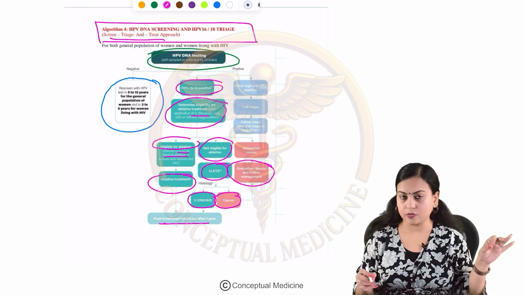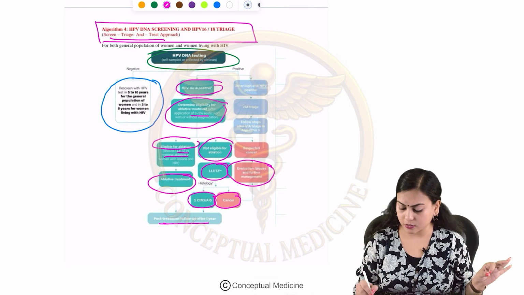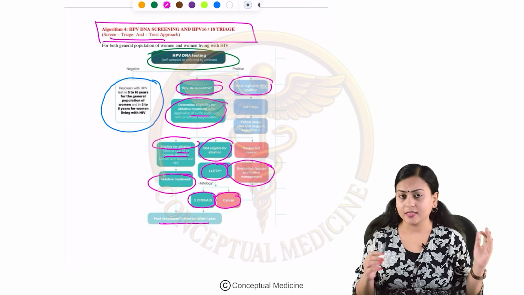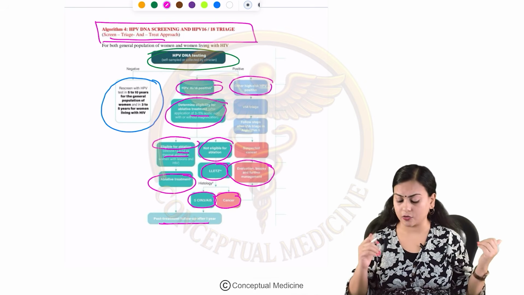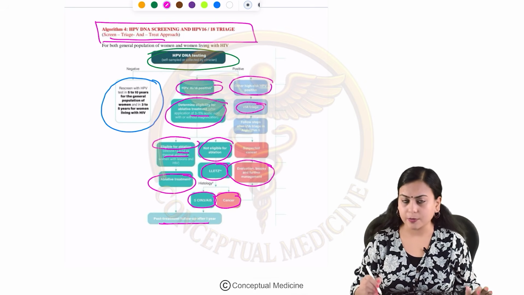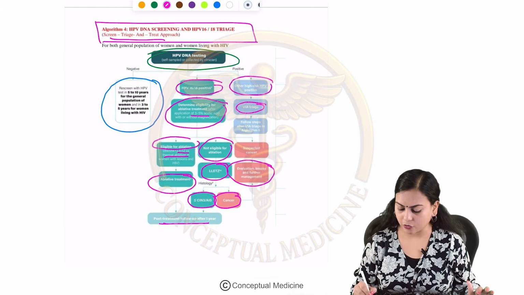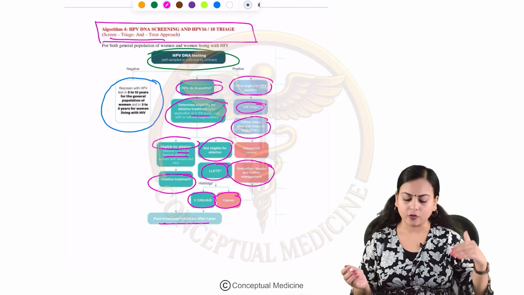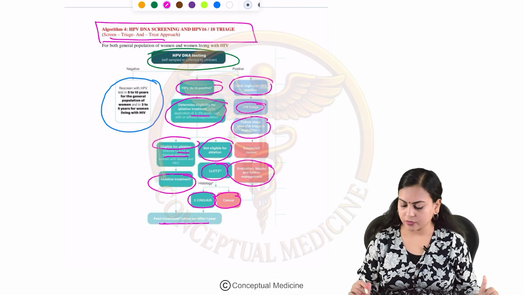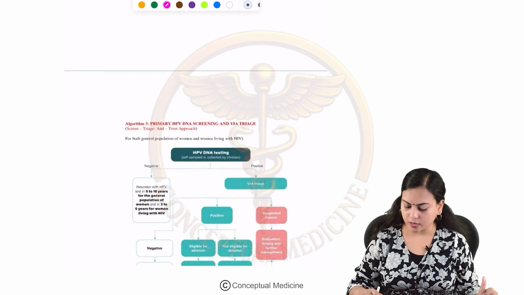Clear? Suppose HPV DNA is positive at the beginning itself and any other high risk HPV serotypes are positive, then she will be taken for VIA triage, and the follow up steps according to algorithm 5 will be followed. Okay. So that is how it will be done.